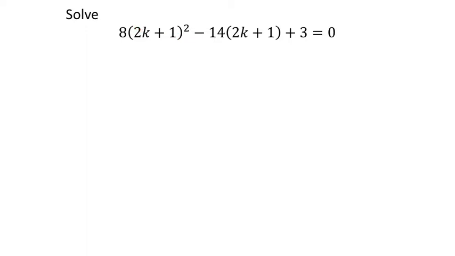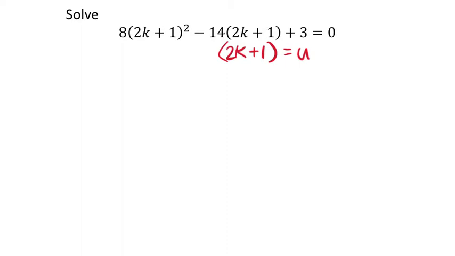Let's see how it works with u substitution. On this one, I'm looking at the middle term. Instead of this being a 2k plus 1, and I'm going to put it in parentheses, not just here but here as well, I'm going to say that 2k plus 1 in parentheses is my u.